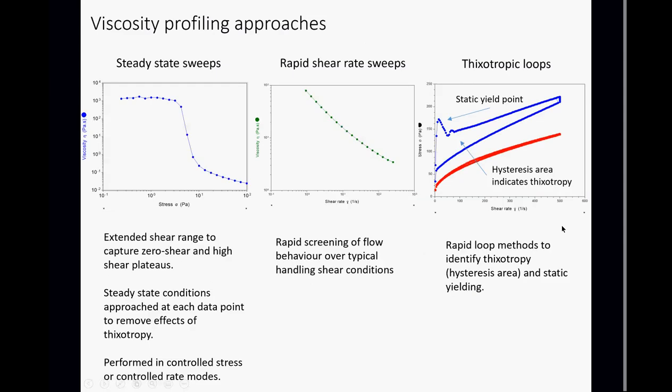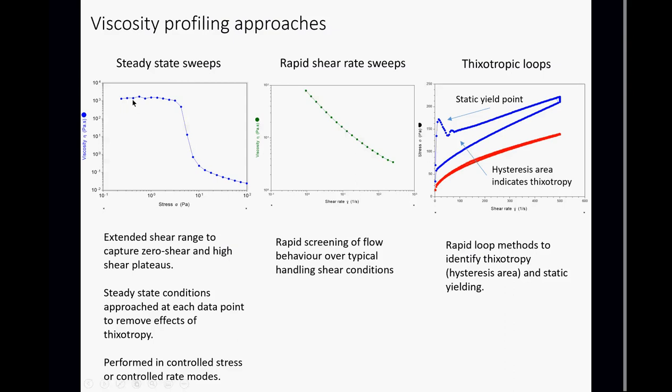Okay, so when we run viscosity profiles in my lab, we're typically running one of these three tests. We're running either steady state sweeps, where each data point is gathered under what we call equilibrium conditions. We apply the stress, we allow the sample to reach an equilibrium viscosity, and then we plot the data.